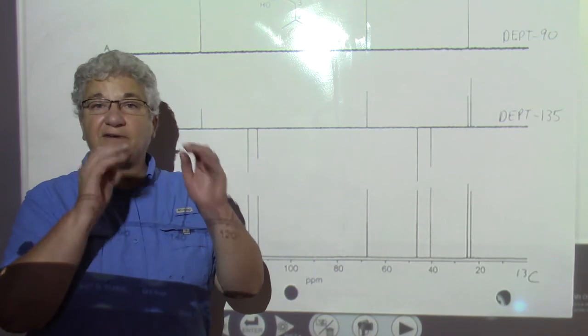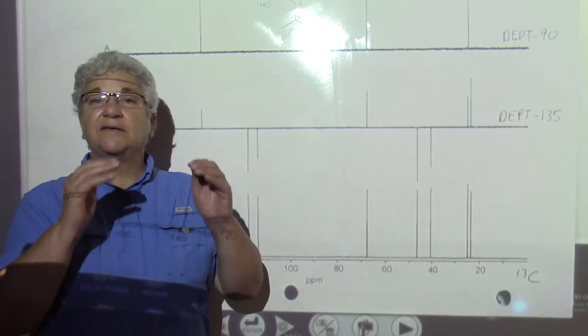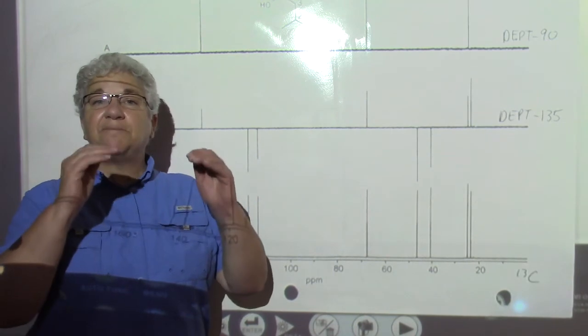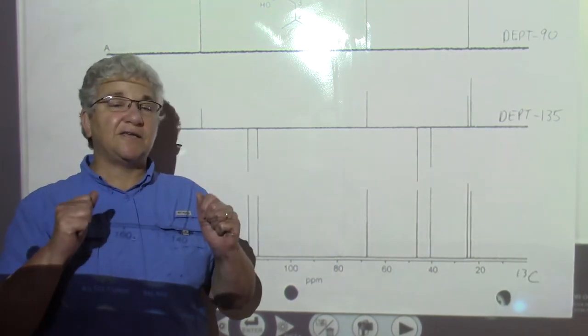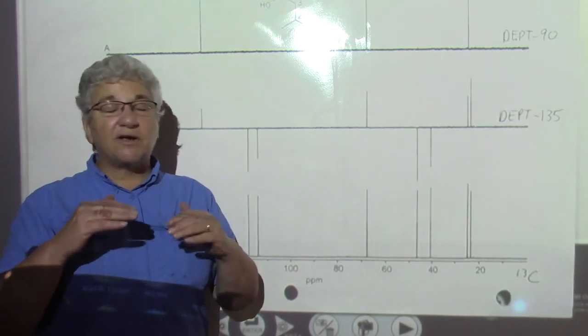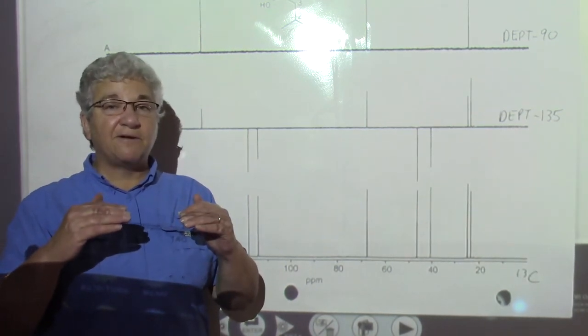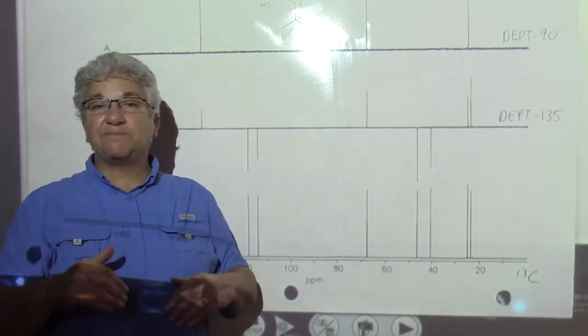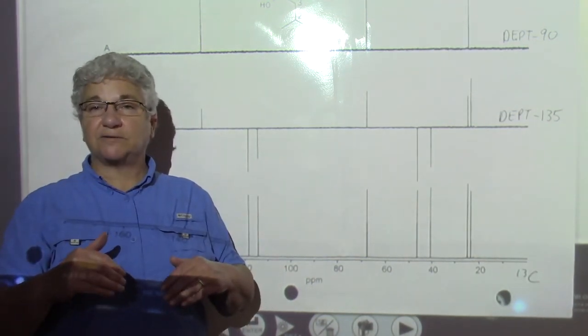In a DEPT 45, how many peaks will I see? And then if I run a DEPT 90, how many peaks will I see in the DEPT 90 of that structure? And if I run a DEPT 135, how many peaks will I see in the positive direction? How many peaks will I see in the negative direction?